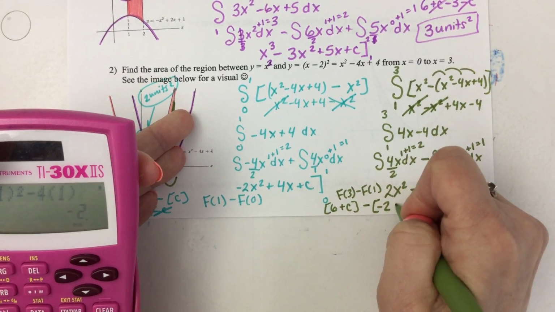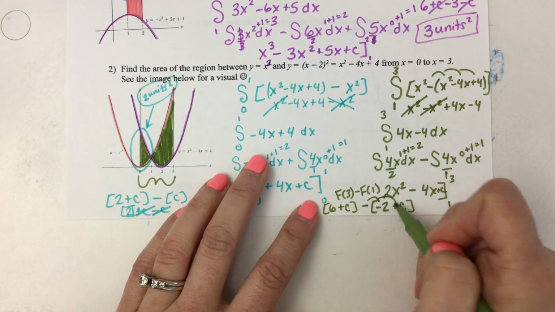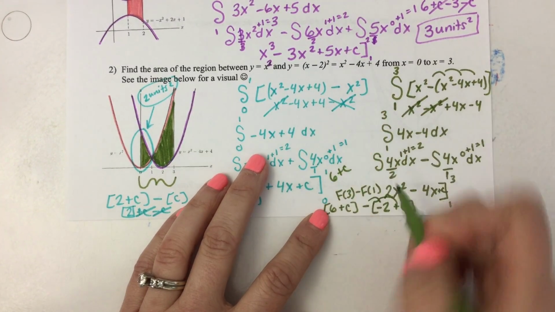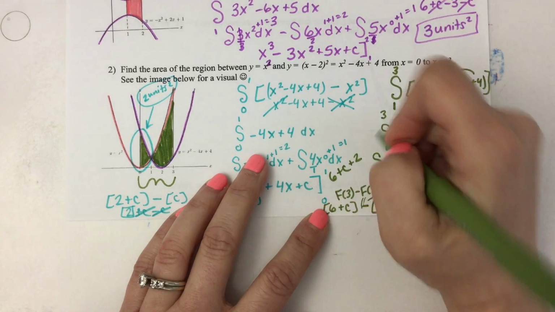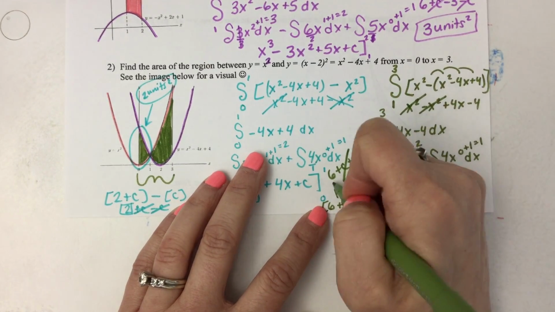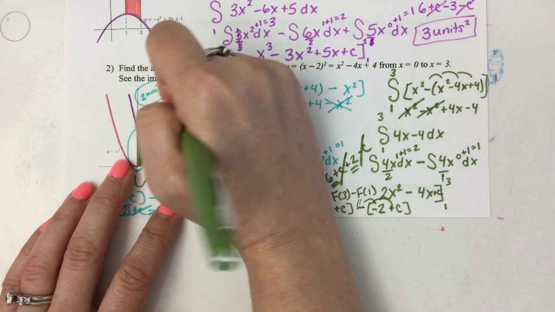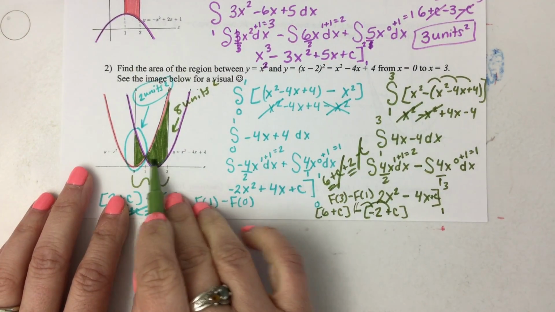This is negative 2 plus c. Well, if I distribute this negative, I would have 6 plus c. Negative times a negative would be a positive 2. Negative times a positive c is a negative c. Positive c, negative c cancels. 6 plus 2 is 8. So this is 8 units squared. Just this piece right here.